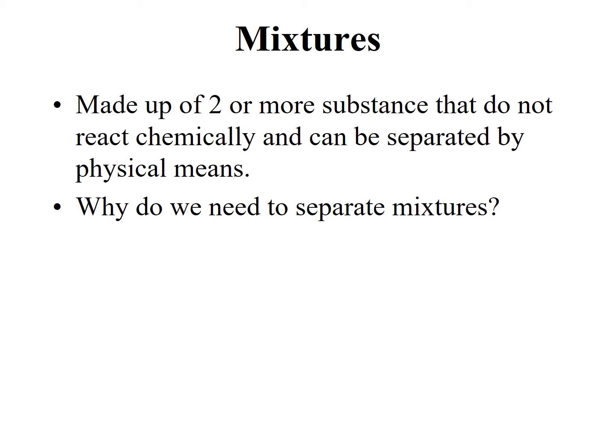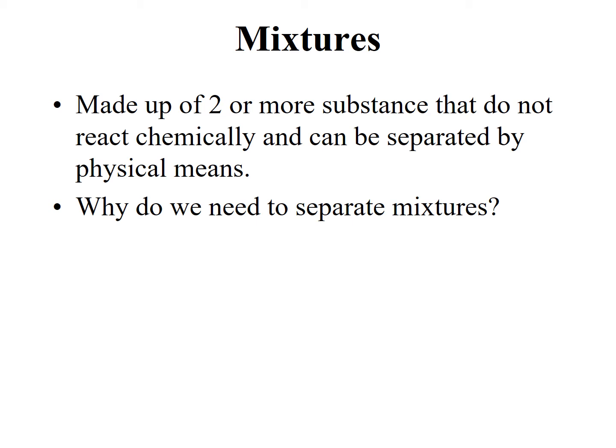Mixture. In the classification of matter, we can classify a mixture as one that's made up of two or more substances that do not react chemically, and they can be separated by physical means. In a given mixture, each of the component substances retains its identity and its physical property.